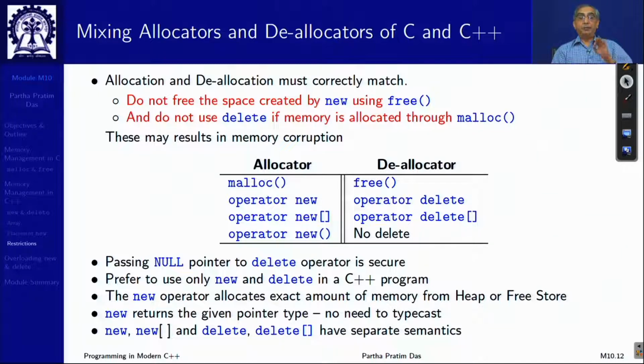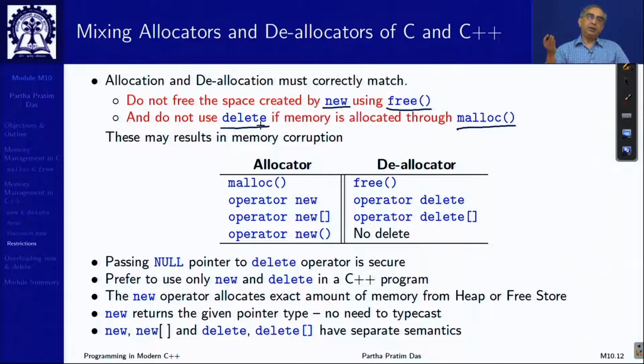So, you have to have a very strict protocol of how you use them, particularly in terms of allocation and deallocation. For example, any allocation which is done by new must not be released by free, or any allocation that is done by malloc must not be released by delete. They are completely different functions, their internal data structures are different, the management is different, the consequences of this are unforeseen.